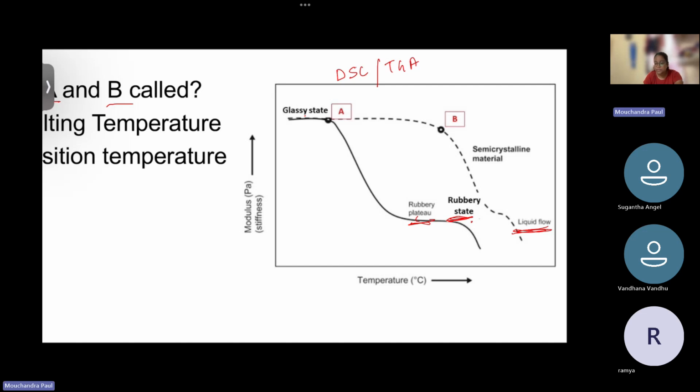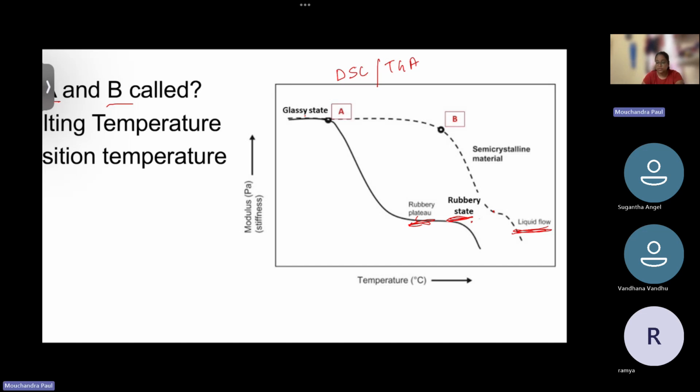Now for this dotted line, similarly, the first plateau at a lower temperature corresponds to a glassy state. Then as we increase the temperature, the material changes to a rubbery state. But here note the plateau is missing. The plateau is not seen for a large temperature range. And here also, at a very high temperature, it will transition to a liquid.